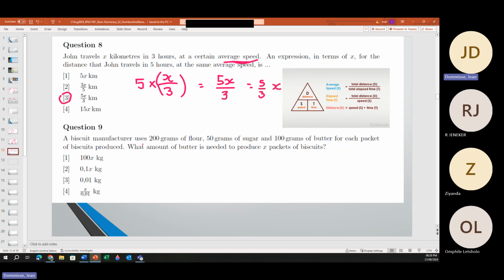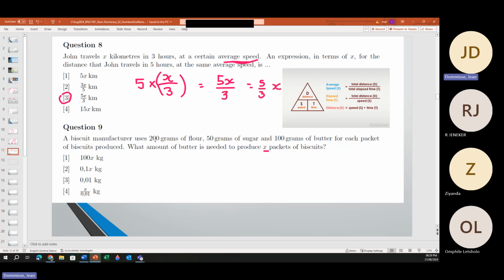A biscuit manufacturer uses 200 grams of flour, 50 grams of sugar, and 100 grams of butter for each packet of biscuits produced. What amount of butter is needed to produce x packets of biscuits?